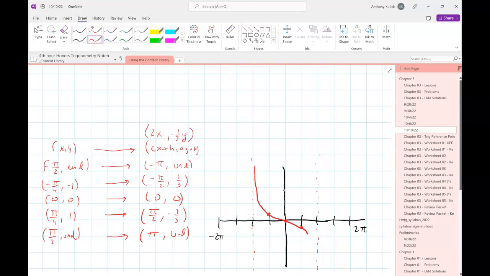This is just going to look like one of those. And then just following the pattern, I have one of these coming in like that. And then over here I'll have one of these coming in like that.